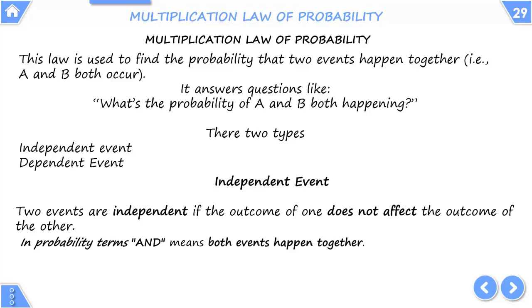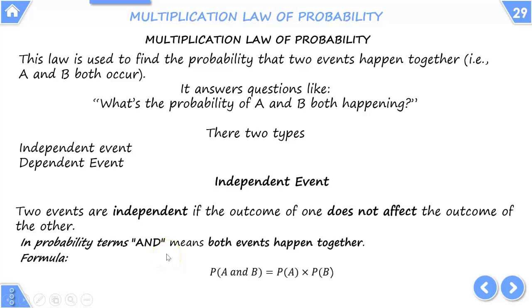But in multiplication law, both of them should occur at the same time. So in probability terms, "and" is used. I put more emphasis on the "and." In any question, when you see "and" in probability, we are talking about multiplication.